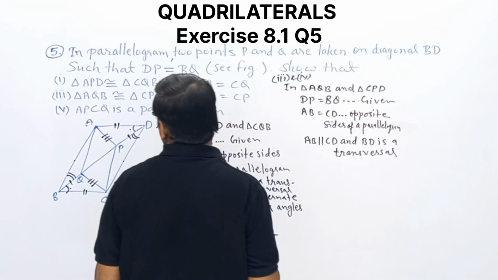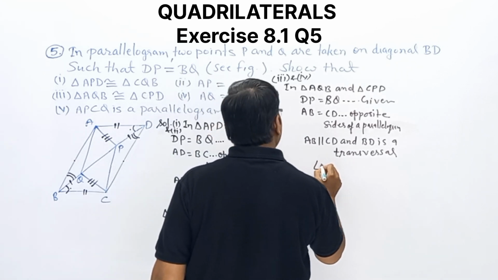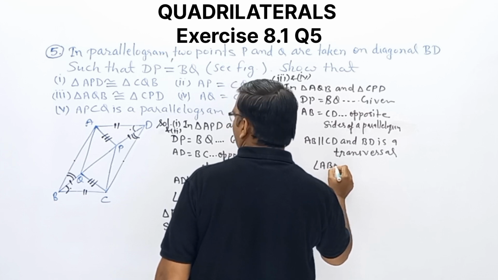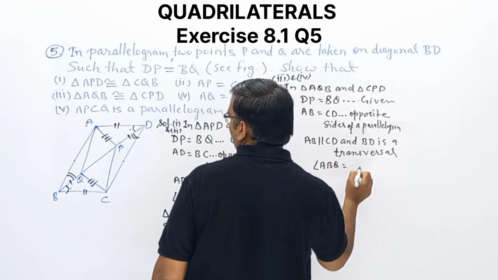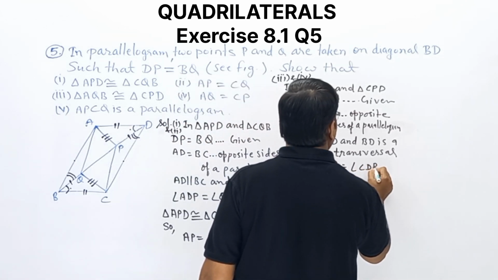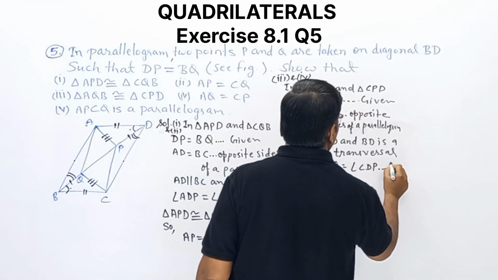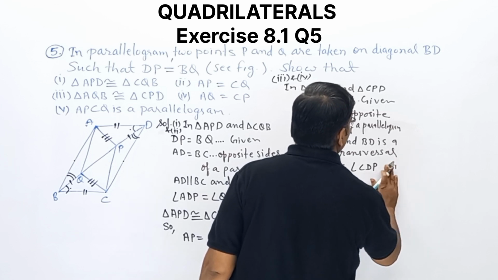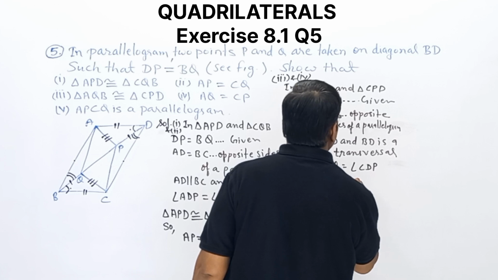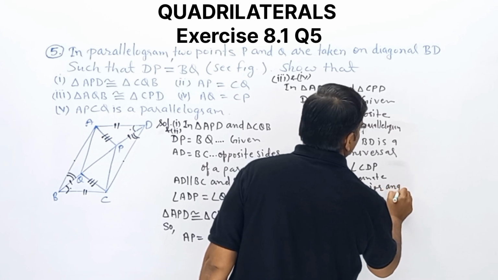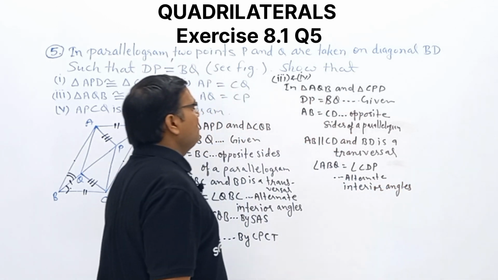Then angle ABQ equal to angle CDP. Alternate. Why? These are alternate interior angles.